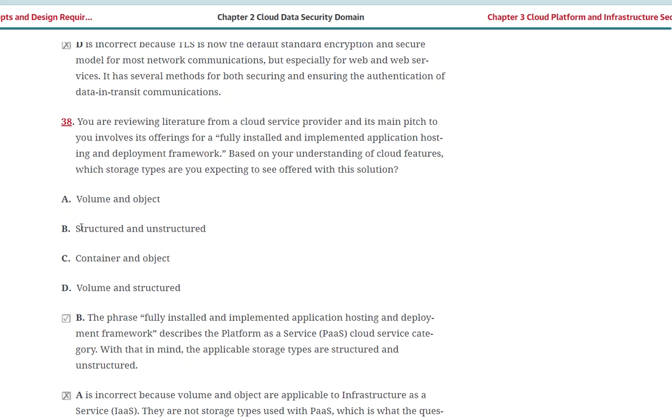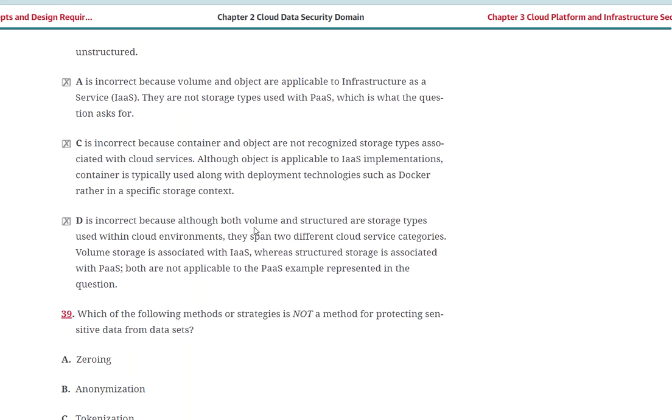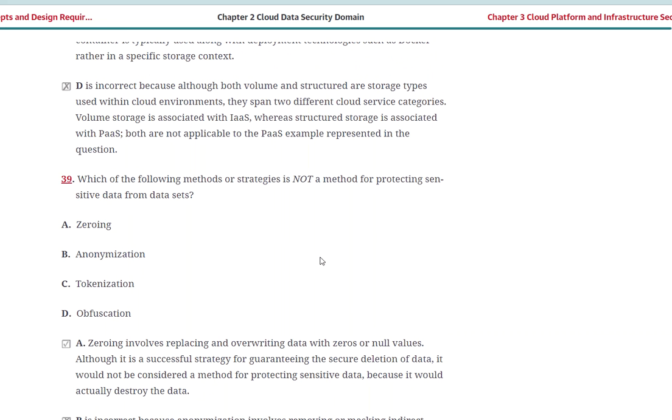And the correct answer is structured and unstructured. Question 39. Which of the following methods or strategies is not a method for protecting sensitive data from data sets? And the correct answer is zeroing.